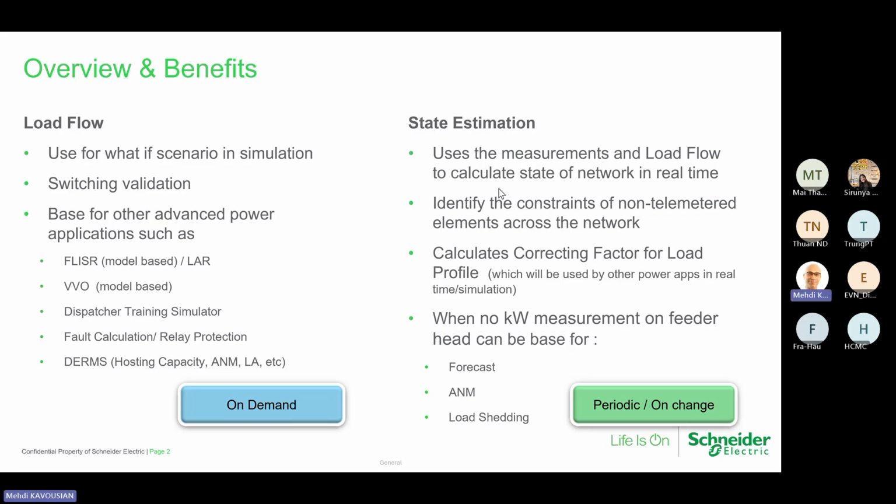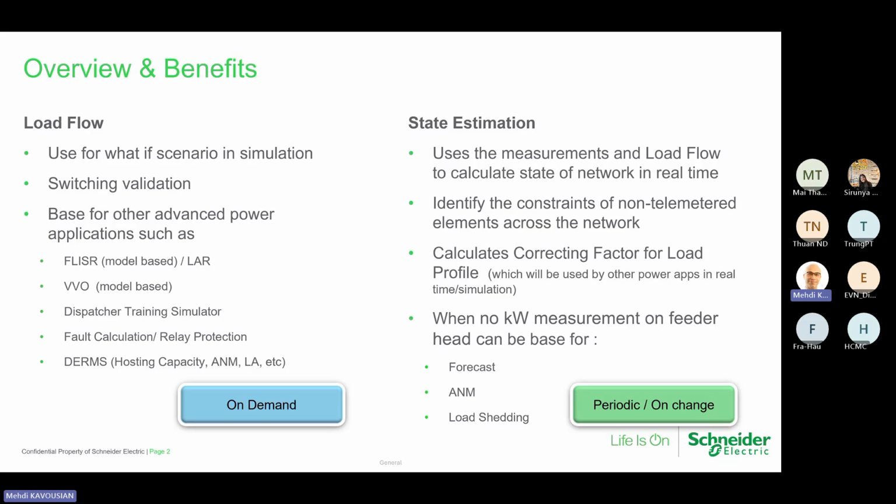So yeah, I was trying to talk about the load flow. We use it for what-if scenarios. And generally in simulation, we can run it in real time as well. But what does that what-if mean? Like, if, for example, we increase the load, or we close the switch, or we add this DER to the network, or change the set point of this.